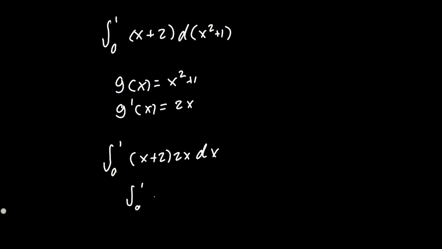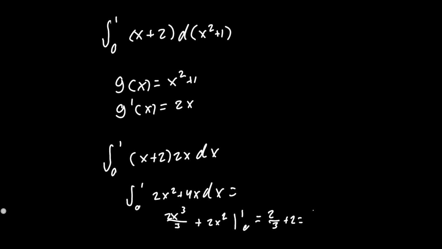Multiplying 2x by x, we get 2x squared, and 2 times 2 is 4, so we get 4x dx. Then we would have 2x cubed over 3, plus 2x squared evaluated from 0 to 1, which is just 2 over 3 plus 2, which is 8 over 3. So our original Stieltjes integral is 8 over 3.